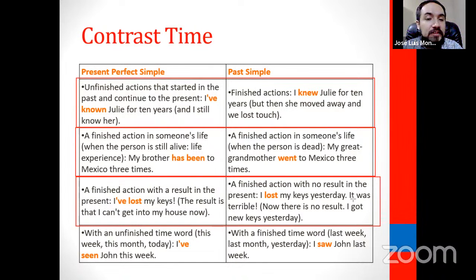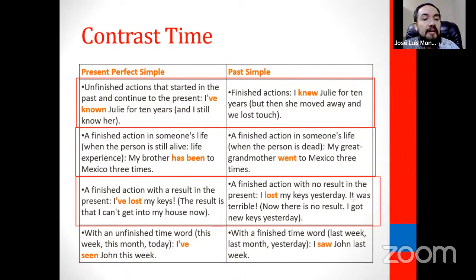Okay, a finished action with a result in the present. Again, very similar to the first one, but in this case, it is finished. It's not like the first one, which is unfinished and related to the present. This is a finished action, and the result of that action can still be seen in the present.